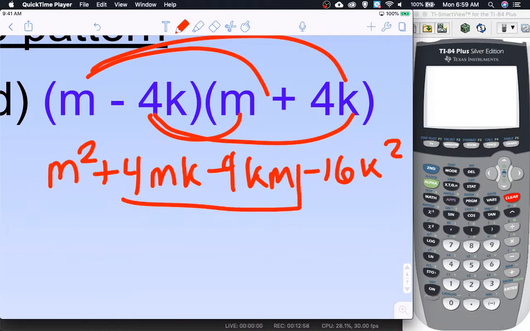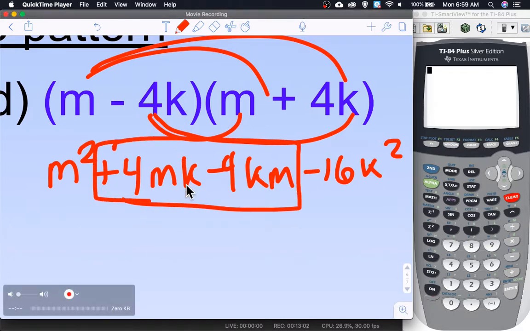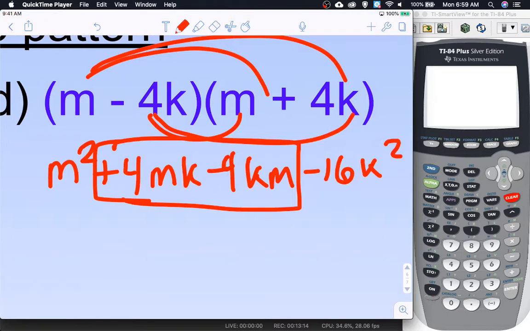Now this mk and km in the middle, again, you're allowed to change the order of the variables because these pieces, the 4, the k, the m, are all being multiplied together. The commutative property of multiplication says you're allowed to change the order of multiplication and still get the same answer. That's why 3 times 4 is the same thing as 4 times 3.